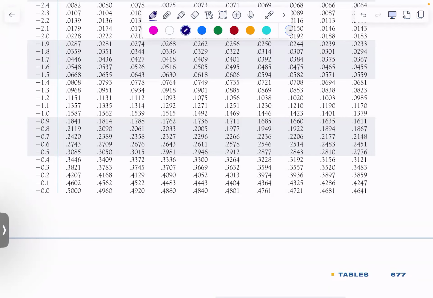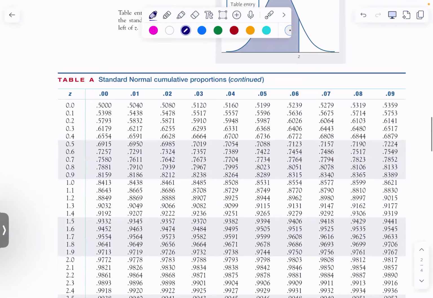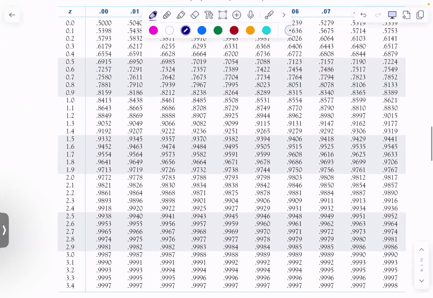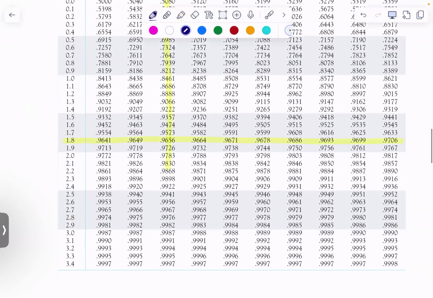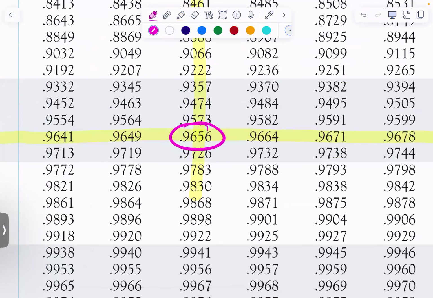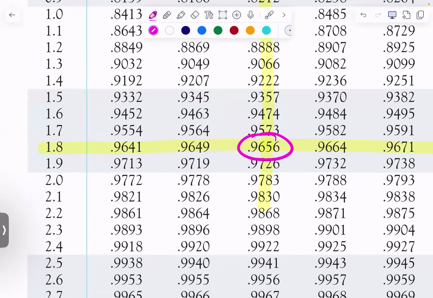And so that can be a way to check it. 1.82. I find that the area to the left of the Z of 1.82 is 0.9656.